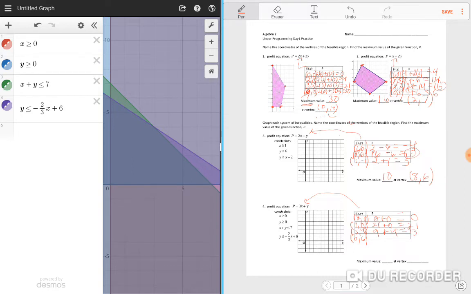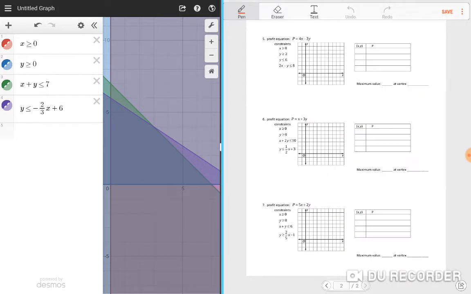And finally 0 times 3 is 0 plus 6 is 6. So our winner for maximum value is 21. If they were to have asked us for a minimum value, occasionally you might see that, then we would have gone with 0, but the maximum value is 21, and that occurs at the vertex 7, 0.